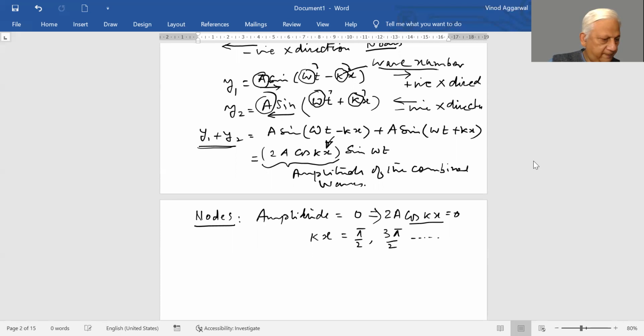So if we generalize this, nodes will be formed when kx is equal to (2n+1) times half pi, where n is 0, 1, 2, 3. This is the condition for nodes.